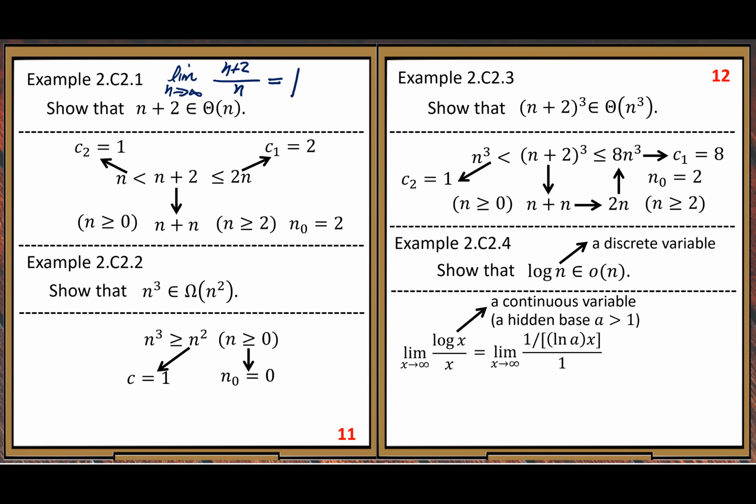In that assumption, natural log of a is a positive number, times x, the variable x. All right. After simplification, we have this expression, 1 over constant times x. Now when x goes to infinity, it equals 0. Try to follow.